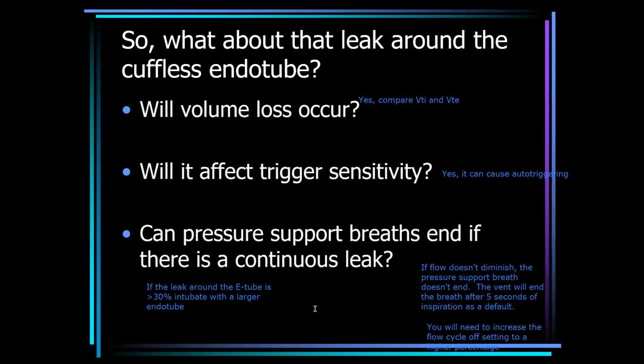So if the leak around the endotube is more than 30%, intubate with a larger endotube. Everybody got that? And Professor, it says you need to increase the flow cycle off setting to a higher percentage.